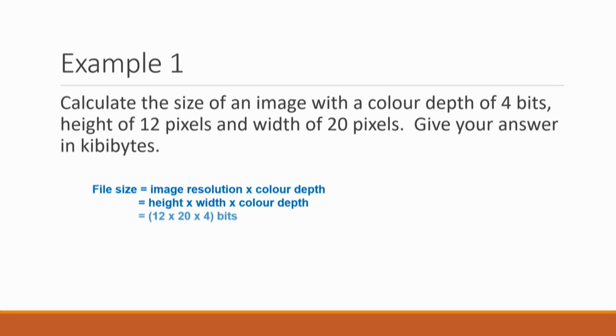Replacing with the correct values, we obtain 12 times 20 times 4. We will end up with an answer in bits, but we want the answer in kibibytes. How do we convert bits to kibibytes? Well, we divide by 8 first to get the answer in bytes. For the final answer in kibibytes, we will further divide by 1024.